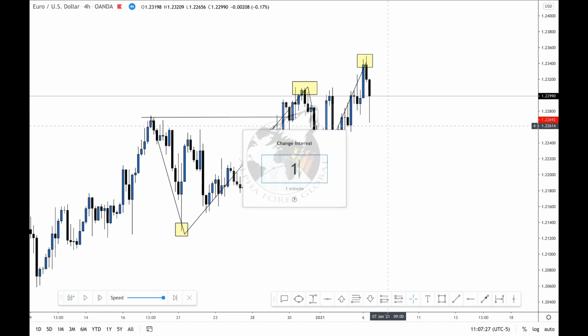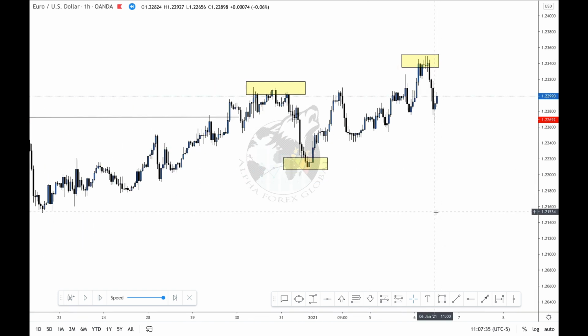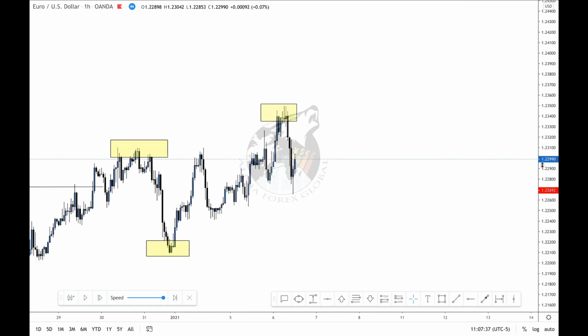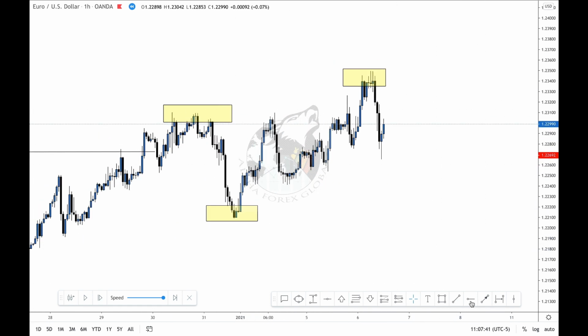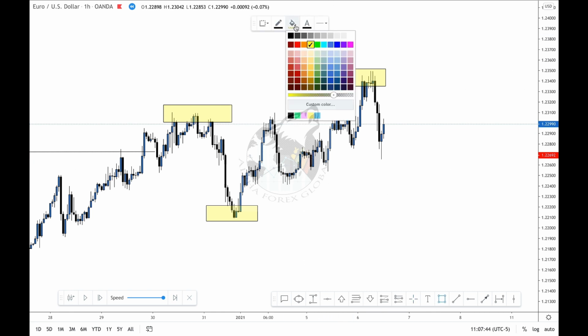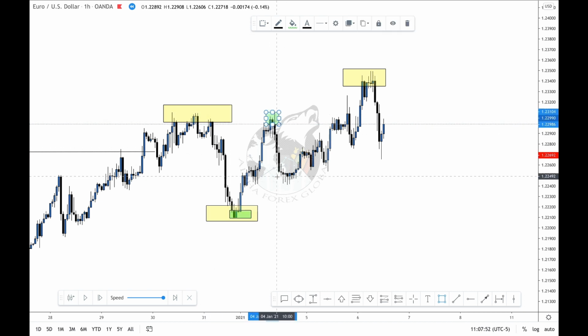So let's go down to the 1-hour time frame now. Hold on, let me remove those. Okay, 1-hour time frame, right? So on the 1-hour time frame now, let's look at current price. Let's use green for the 1-hour time frame. We can clearly see the market moving from a low to a high to a higher low.